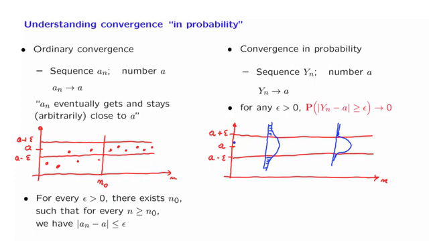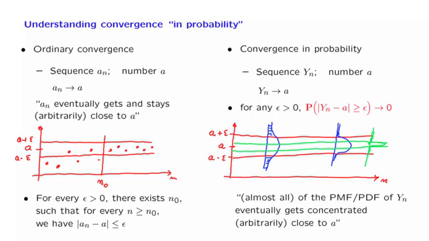And this is true no matter how small epsilon is. If I take a much narrower band around a, I still want all the probability to be eventually concentrated inside that band. Of course, it might take longer, it might take a larger value of n, but I want that when n is very large, the bulk of the distribution is again concentrated inside this narrow band.